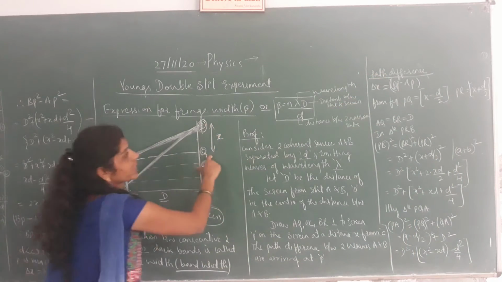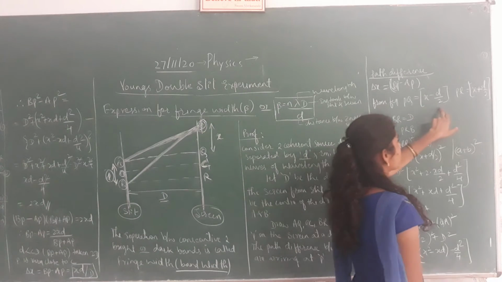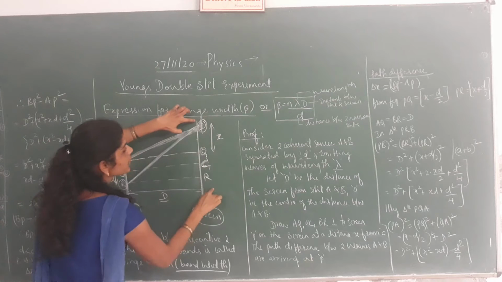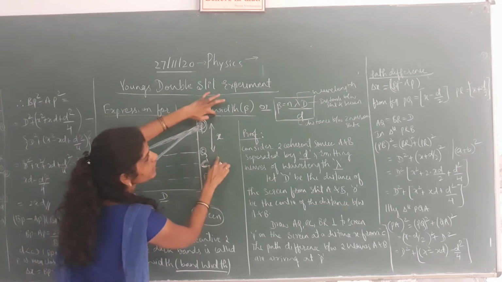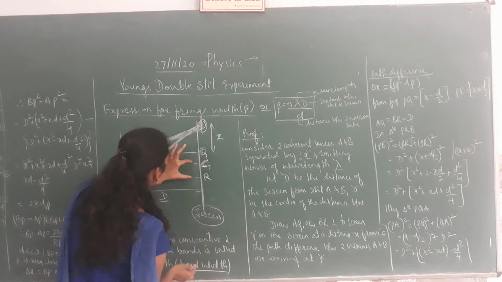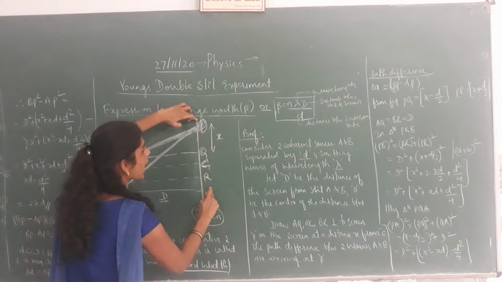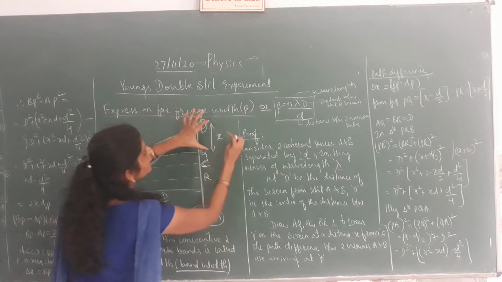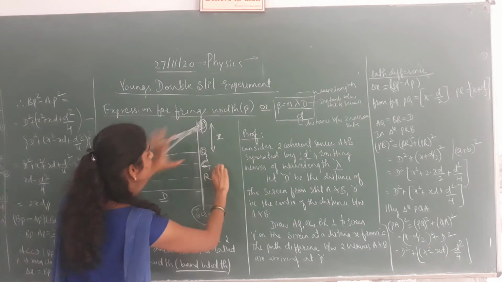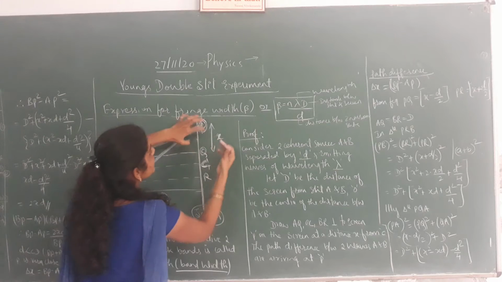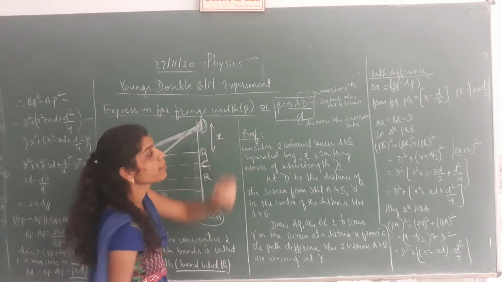And PR is this distance of x plus this distance d by 2. So for PR we add x plus d by 2, but for PQ the distance is x minus d by 2.